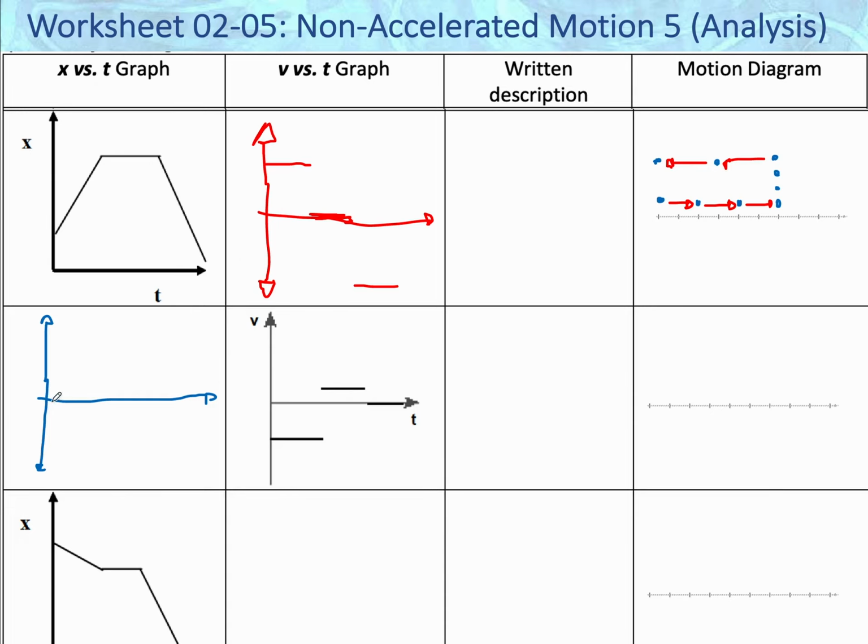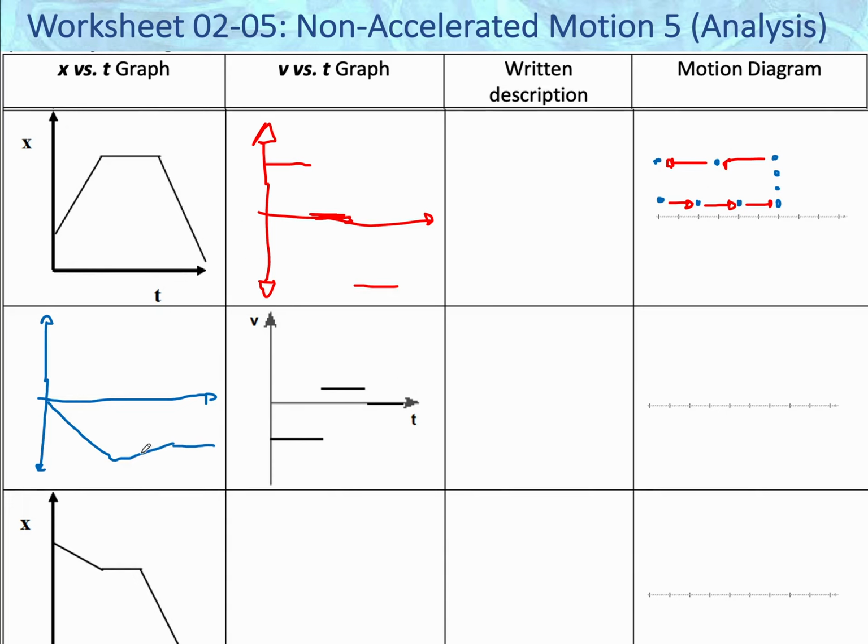This negative part means I'm going to move away from the origin, gaining displacement in the negative direction, something like that. And then during this next part, I have a positive velocity, but it's not quite as steep. So I start heading back towards the origin, and then I stop, which means my position stays constant.